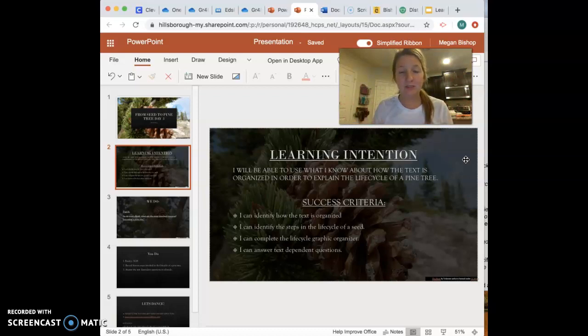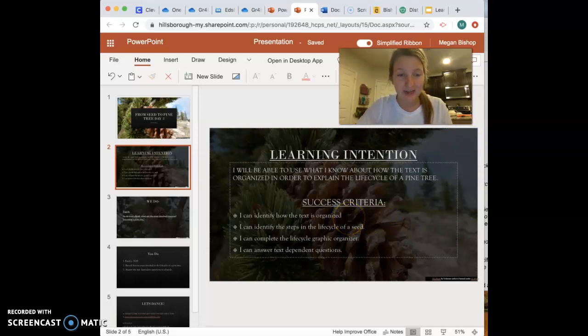If we think about how the entire text is organized, one text structure should stick out to you, and that is sequence or chronological order. So today we're going to keep that in mind as we identify the life cycle of a pine tree.